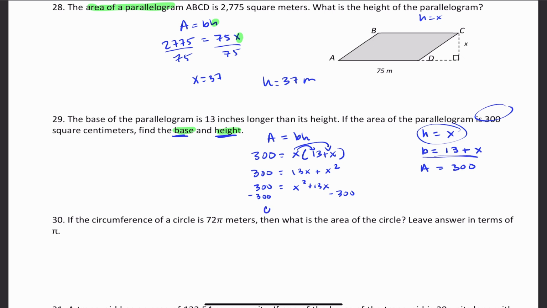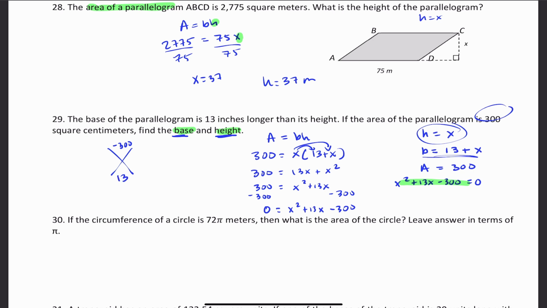so I can let this side be 0, and I have x squared plus 13x minus 300, and of course, I'm going to rewrite this as x squared plus 13x minus 300 equals 0. And I am going to use the x method here. So draw a big fat X on your paper, negative 300 up top, positive 13 down below.